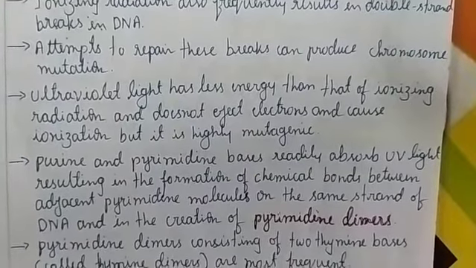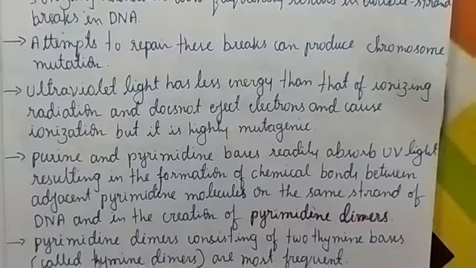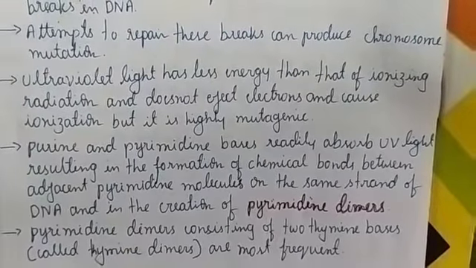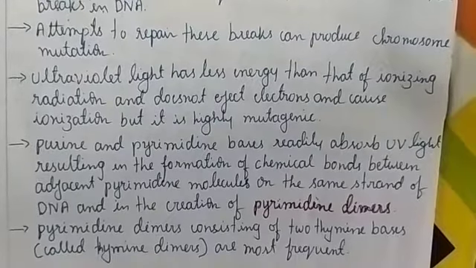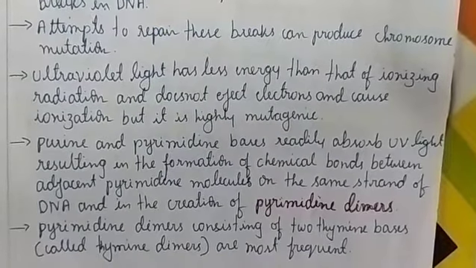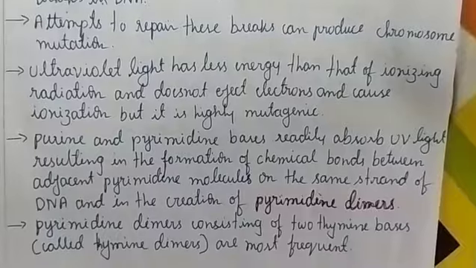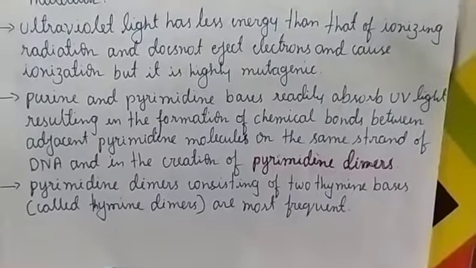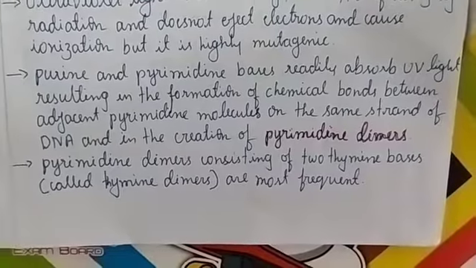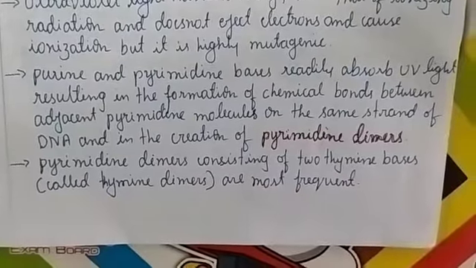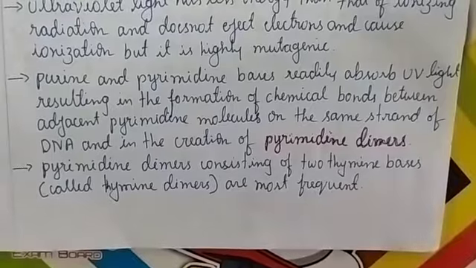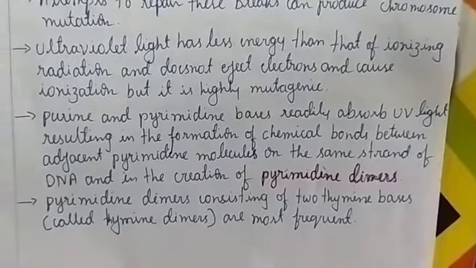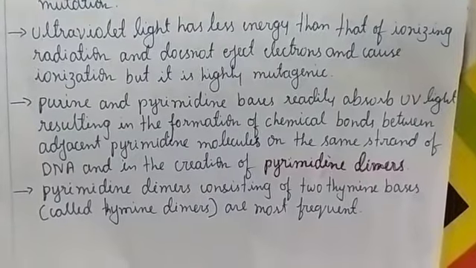Ultraviolet rays have less energy than ionizing radiation and do not eject electrons and cause ionization, but they are highly mutagenic. Purine and pyrimidine bases readily absorb UV light, resulting in the formation of chemical bonds between adjacent pyrimidine molecules on the same strand of DNA and in the creation of pyrimidine dimers.